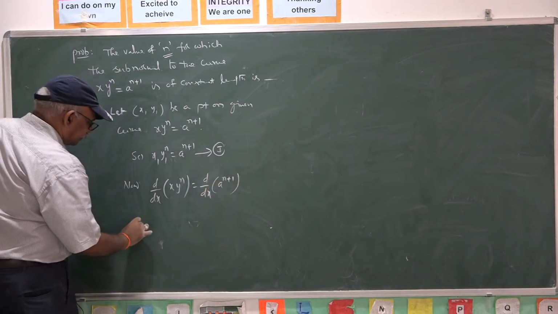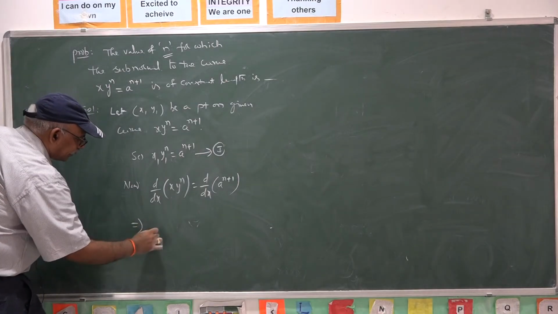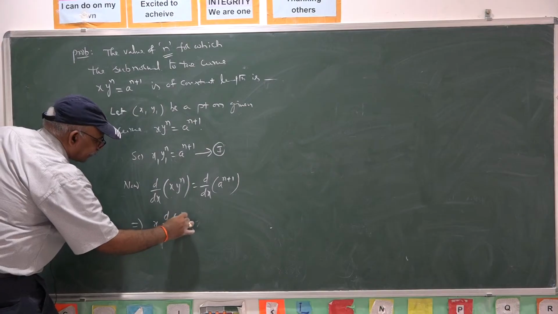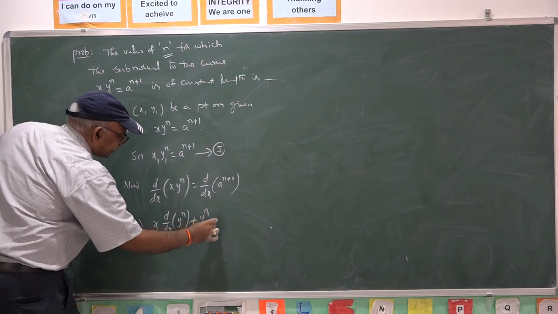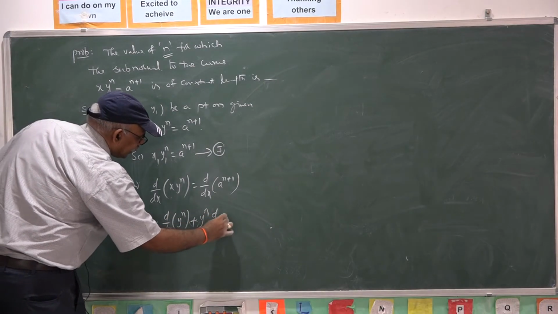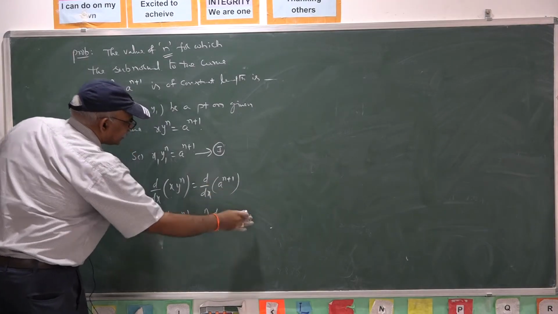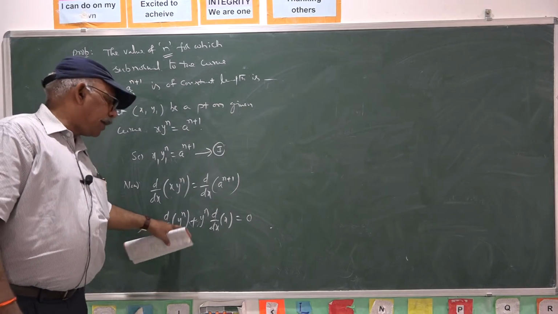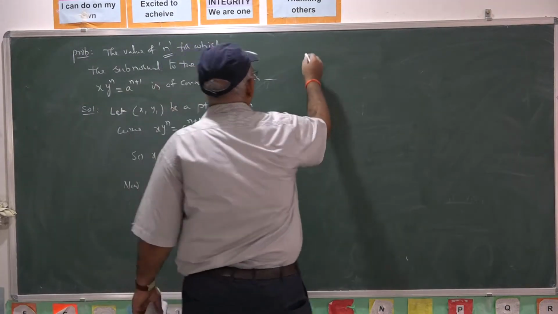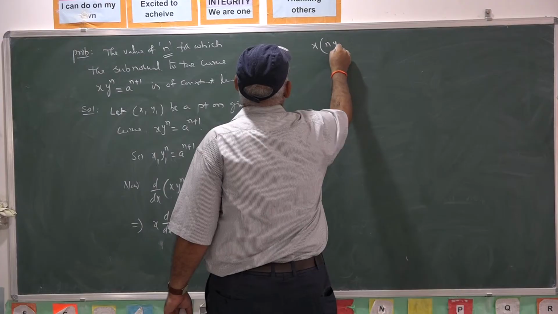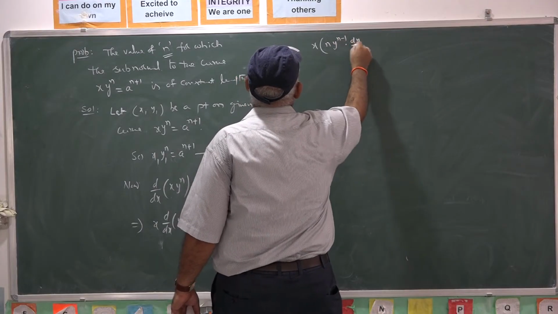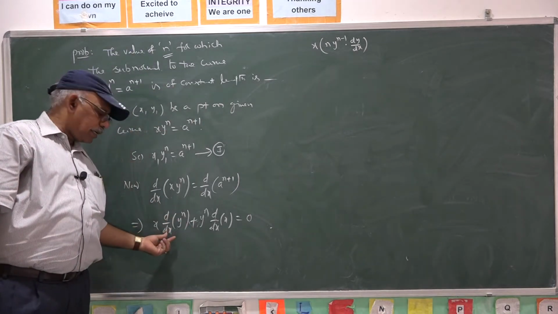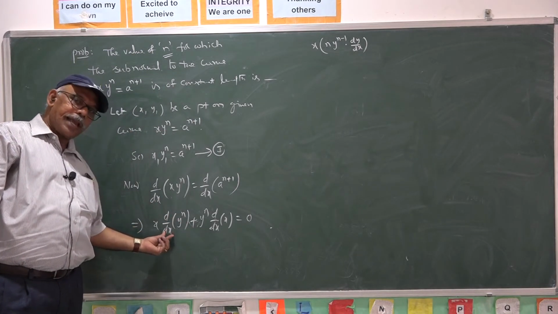By product rule, x into d by dx of y power n plus y power n into d by dx of x, and the right side is 0 because it is a constant. d by dx of y power n is n into y power n minus 1 into dy by dx, because this is a function of y, whereas here we are taking the derivative with respect to x.